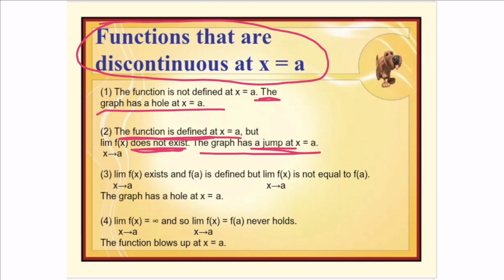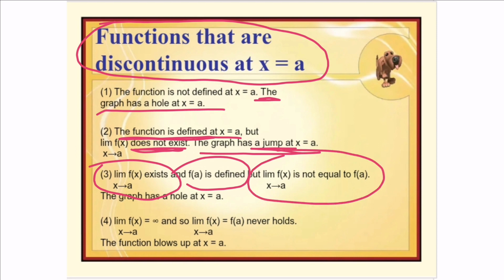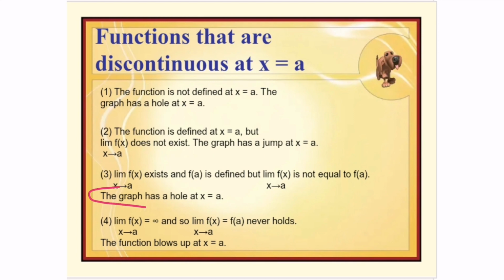Thirdly, the limit as x tends to a exists and f of a is defined, but the third condition is not fulfilled. The limiting value and defined value are not equal. Then in this situation, the graph has a hole at x equal to a.